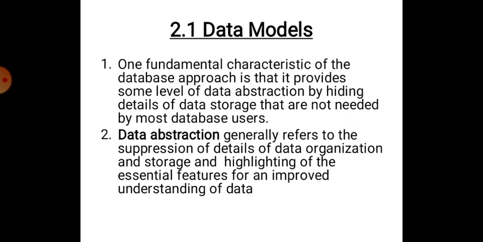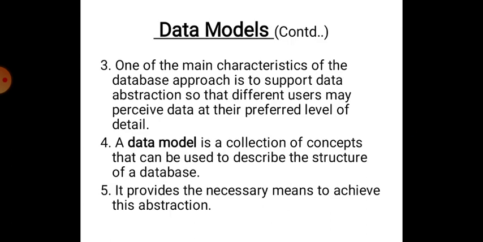Point number 2. Data abstraction generally refers to the separation of details of data organization and storage and highlighting of the essential features for an improved understanding of the data. Point number 3.